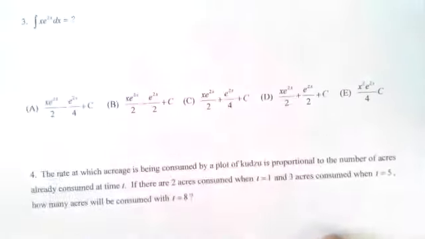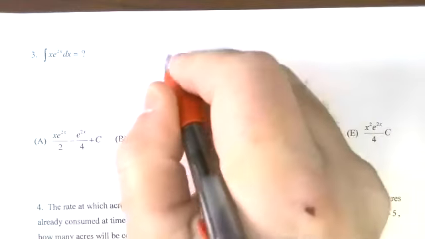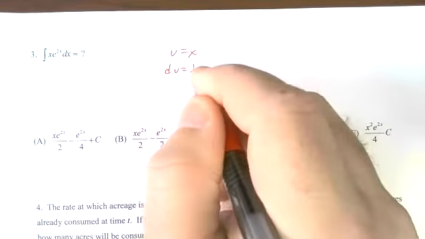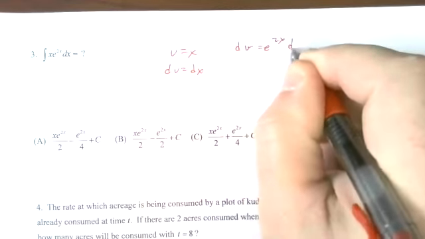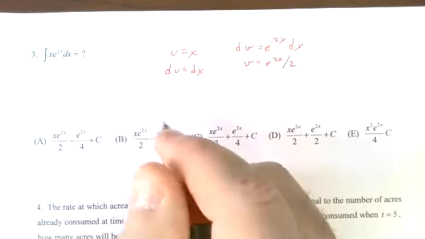All right, number 3. Got to do a little integration by parts. u equals x, du equals dx, dv equals e to the 2x, v equals e to the 2x over 2.